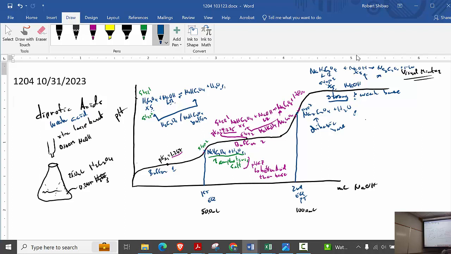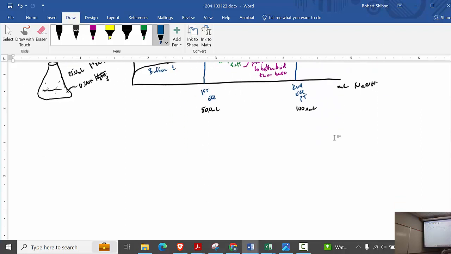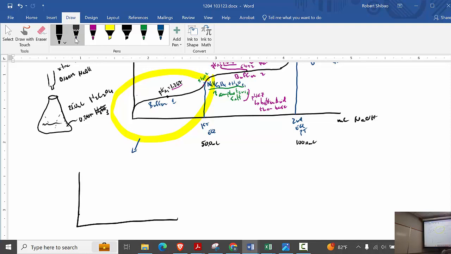So let's get some points here quickly on the curve. I'm going to blow this up so we have some room here. So let's look at the first part of the curve, from the initial to the first equivalence point.